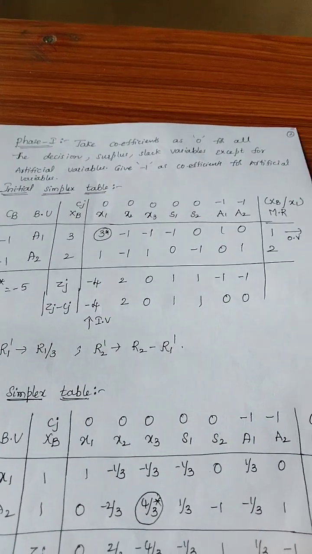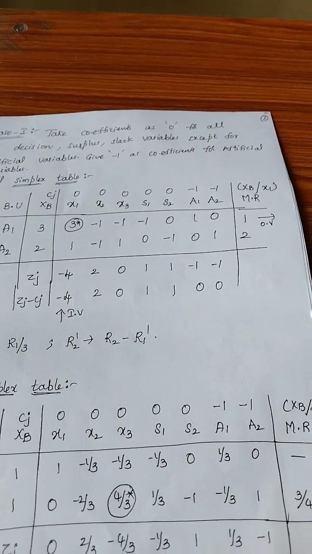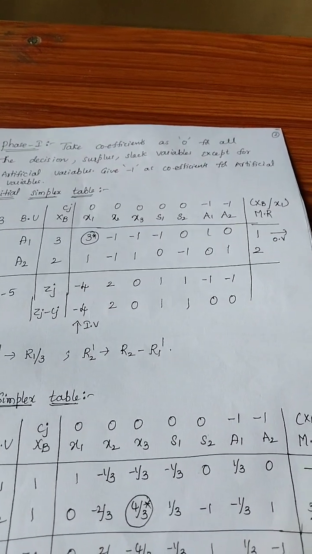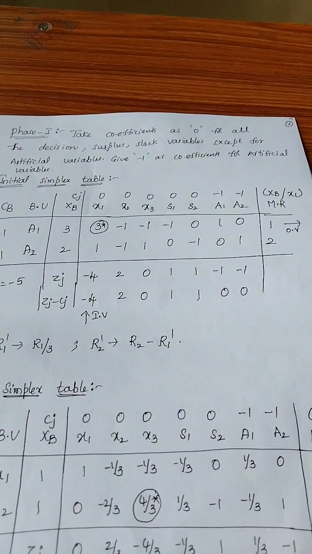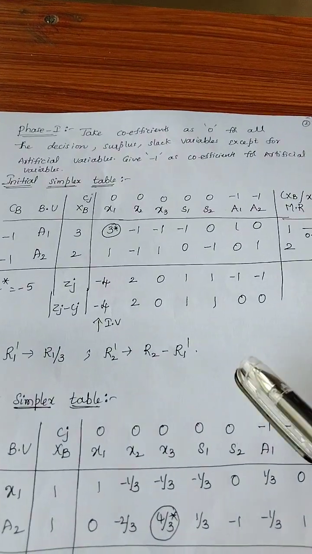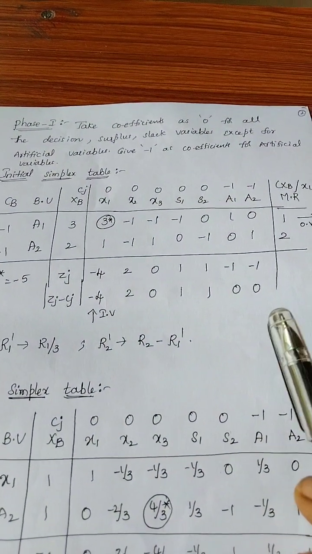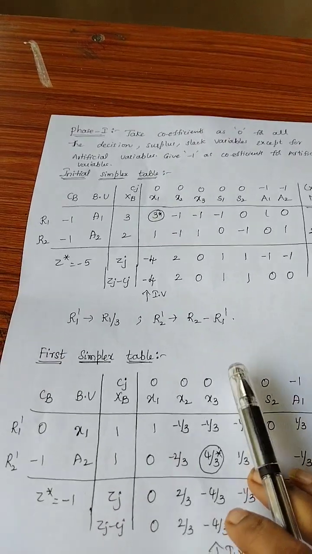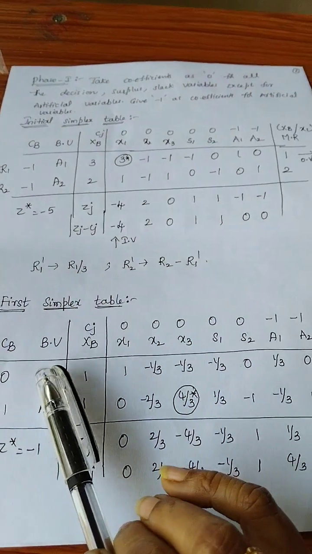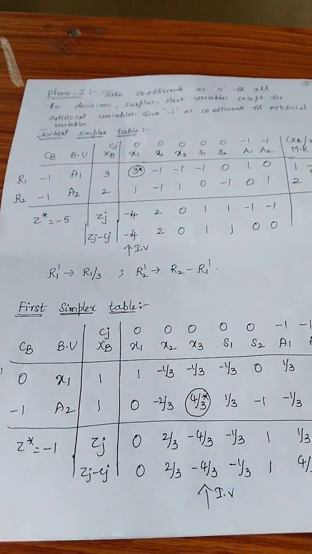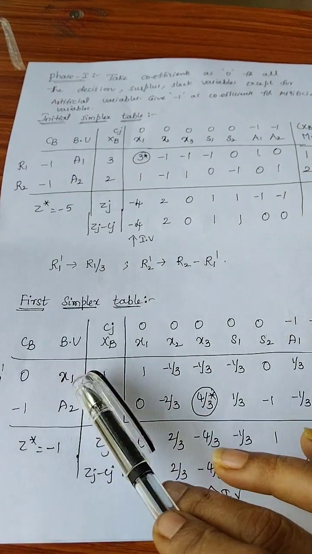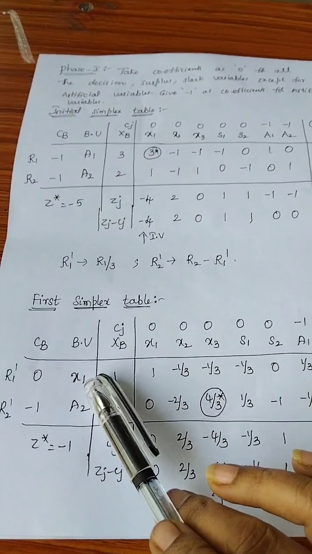That is the Big-M procedure, but not here. Instead, in the first simplex table you are going to write the values of x1. So a1 is the outgoing variable. In the place of a1 you are going to write the value of x1.